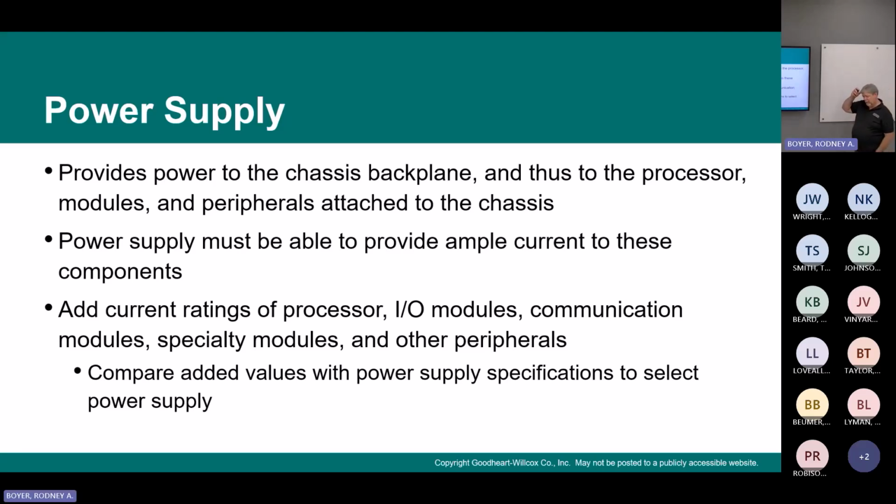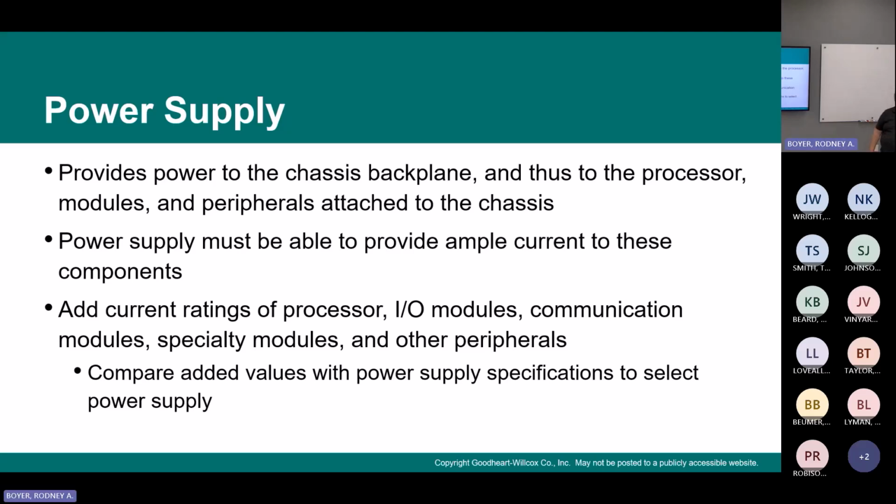Power supply must be able to provide ample current to these components. Say you have a maximum of 7 expansions on MicroLogix 1400. If you try and put an 8th one on there, like I said, it doesn't work.